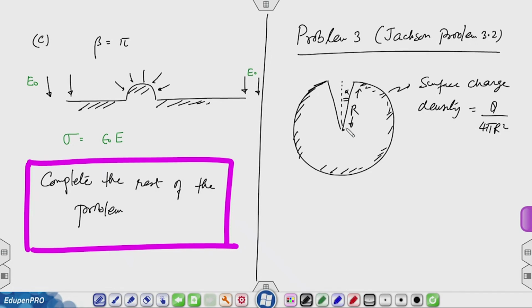And this is a hole on top. Do you recall a similar problem we had done earlier from Zangwill?